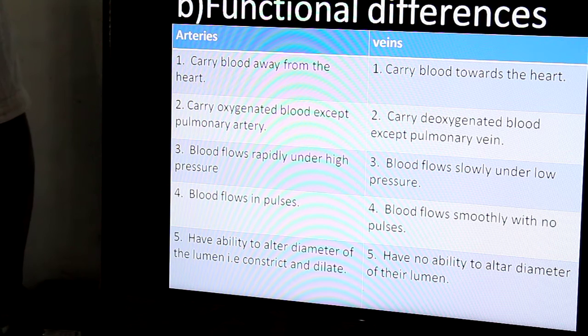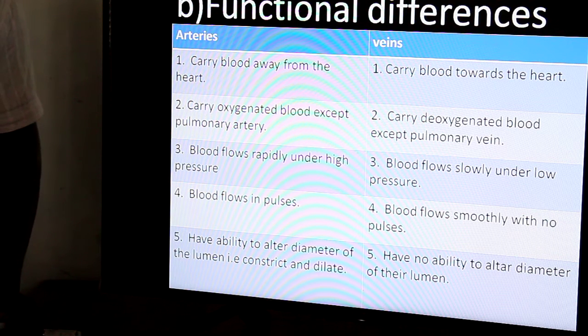And veins carry deoxygenated blood, except the pulmonary vein, which carries oxygenated blood from the lungs back to the heart. Then number 3, blood flows rapidly under high pressure in arteries. Why? Because that blood is directly from the heart. It is under high pressure and rapid.